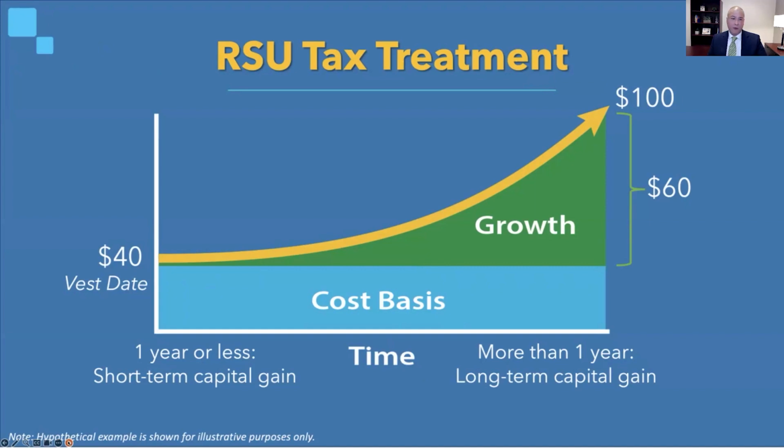There can be a variety of ways that taxes are withheld for you upon shares vesting. It's probably not worth getting into some of those details, but it's good for you to understand how your company withholds those shares, which withholds taxes for you, because for a variety of factors, companies will typically withhold a flat 22% on your federal tax when shares vest, regardless of the actual tax bracket you're in.